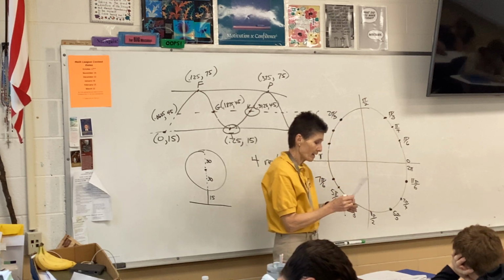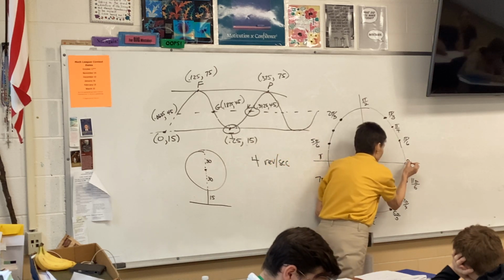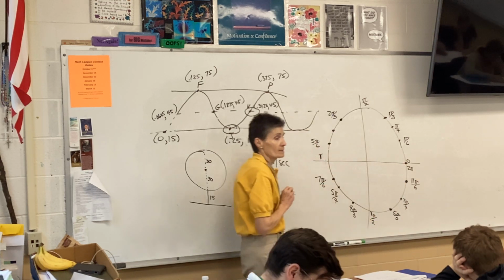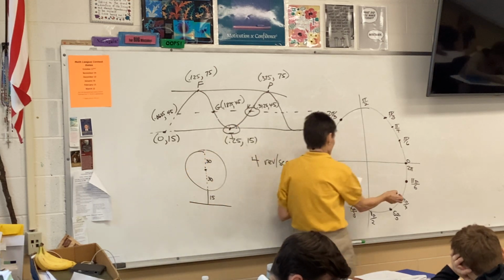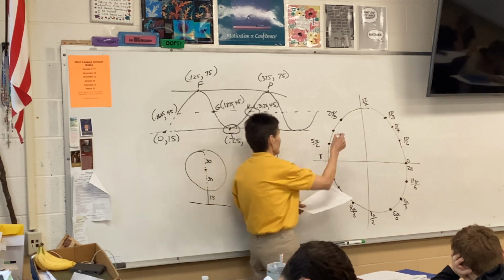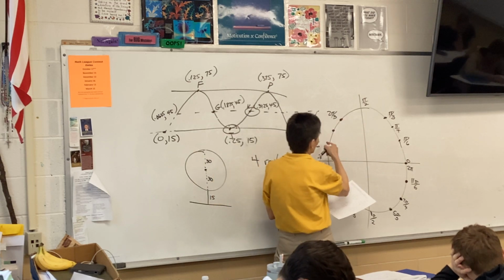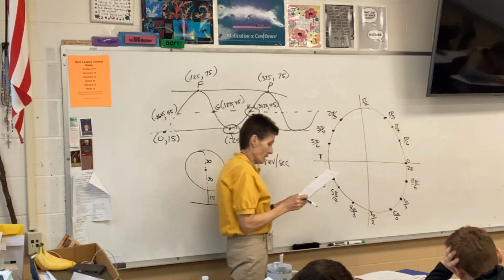How about 2 pi? That was a little odd. Where are you putting 2 pi? Right here. Right there. Same as 0. 7/4. 2/3. Oh, I don't think I have that one. That's 3 pi over 4.